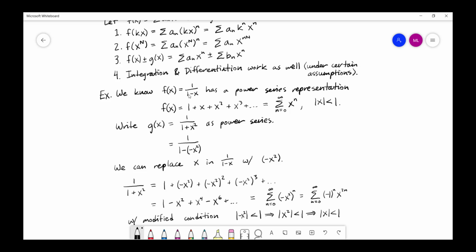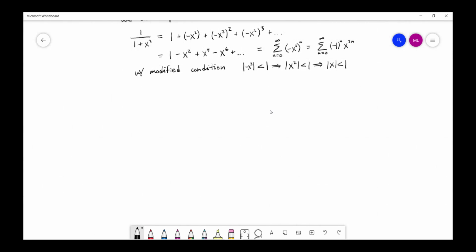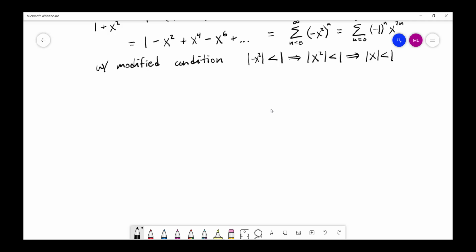If I know what the derivative of this looks like, I can find the derivative of the power series to get its representation as well. So let's see an example of that. But before we do that, I want to be a little bit more careful writing about how we apply integration and differentiation. So let's talk a little bit more about integration and differentiation.